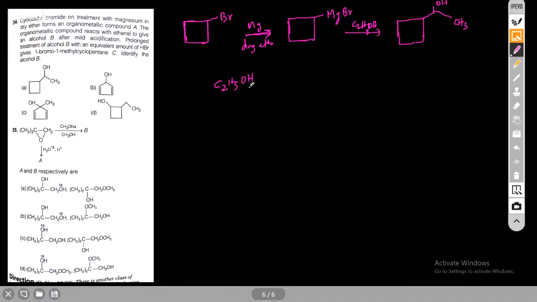How does this reaction take place? Suppose we have this reaction plus RMgX. How does this reaction go? MgX will take this OH and R will attach with C2H5.